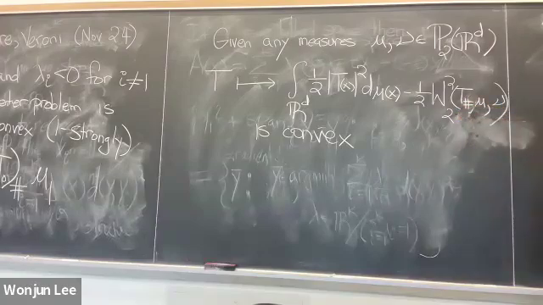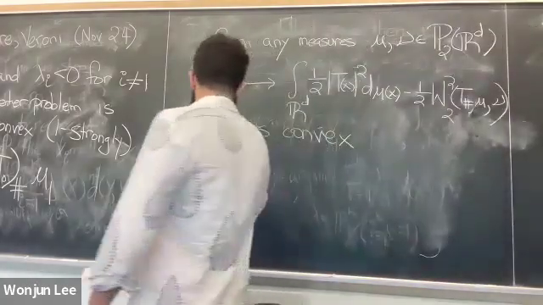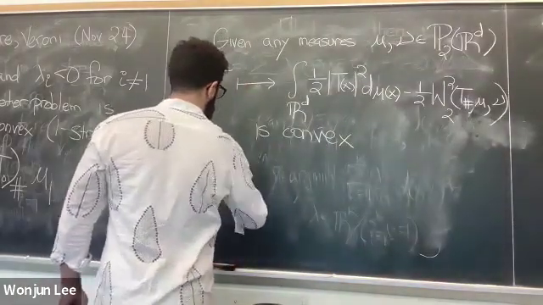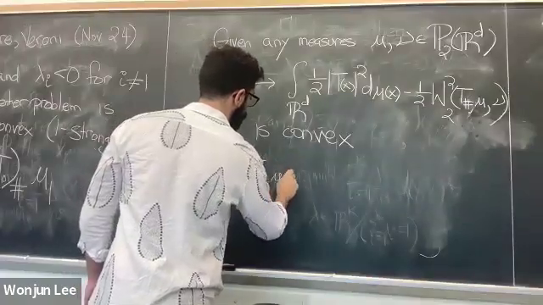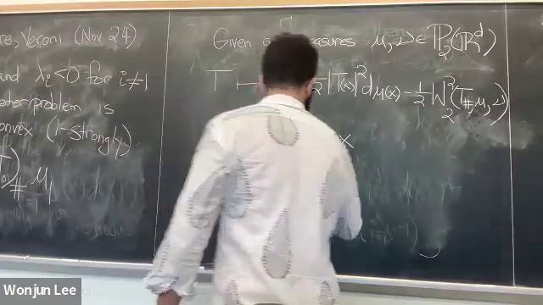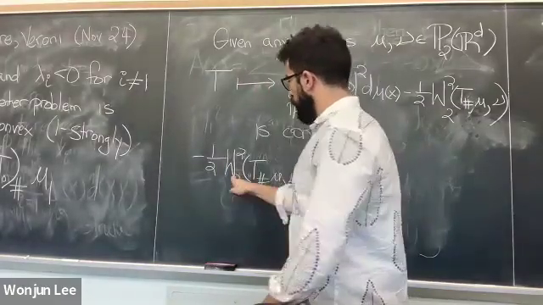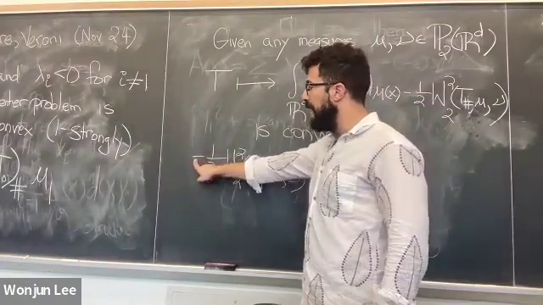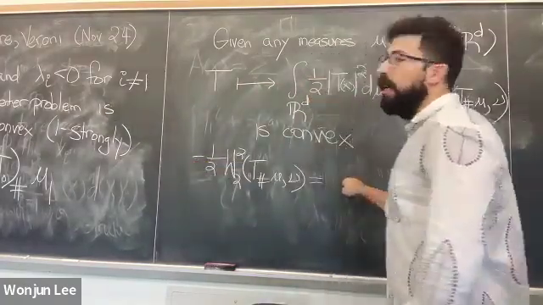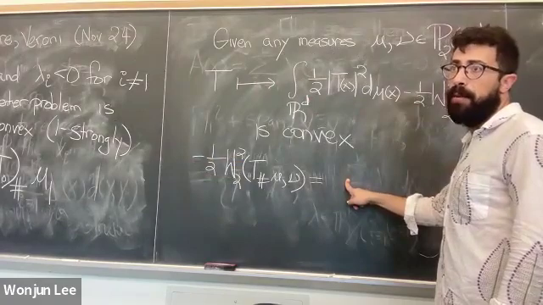of this problem. So negative 1/2 W2 squared of T push forward mu comma nu. Because usually this is given as a minimization problem, I have a negative sign, so it's actually going to become a maximization problem.